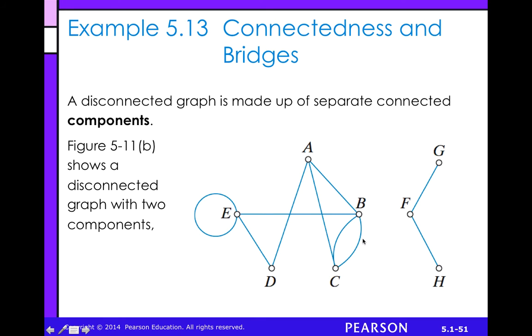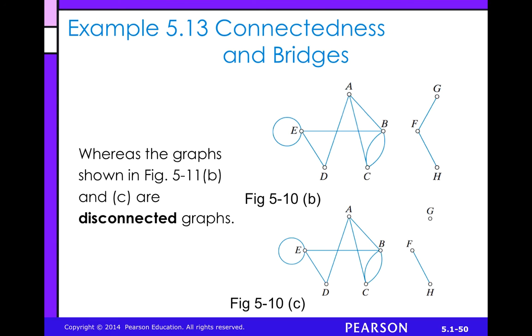A disconnected graph is made up of separate connected components. So a component is simply a connected graph inside of the overall one. So in this overall graph, it's disconnected. You can't get from G to E. But inside of this graph, you have components. This right here is a component. It's a connected subgraph, as is this. So this graph has two pieces.